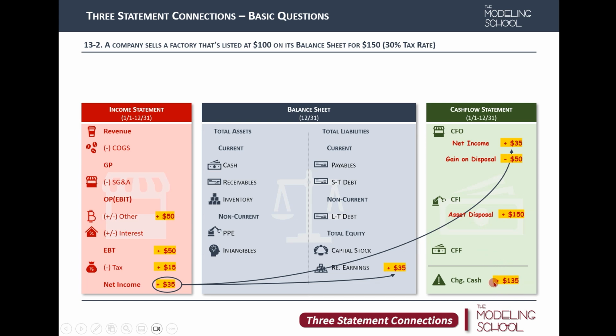And if you think about it, this 135 is correct because we received $150 of cash from this transaction. However, we have to pay $15 worth of tax due to this transaction. So on a net basis, we receive $135 in cash. Cash is up by 135, and the book value amount is deducted from PPE, so the balance sheet again balances.